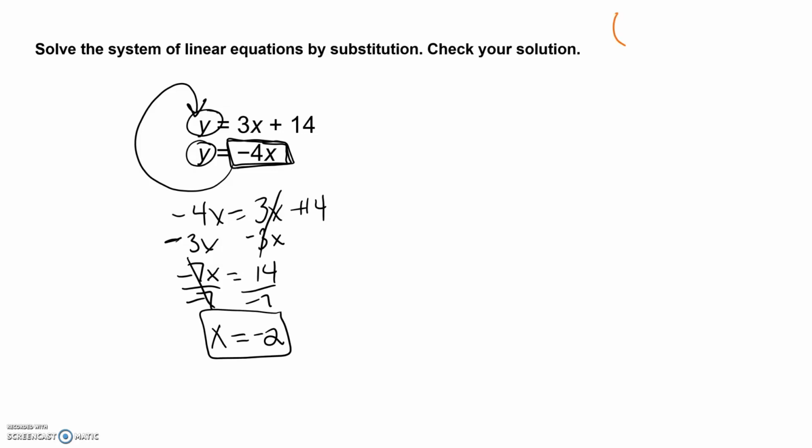Remember that our answer is supposed to be a point, x comma y. So far I've found the first part of my point. I still need to find the second. So I'm going to come back up to my original equations. It doesn't matter if you choose the top equation or the bottom, so I'm just going to use the top one. And I'm going to plug in what I just figured out x was.